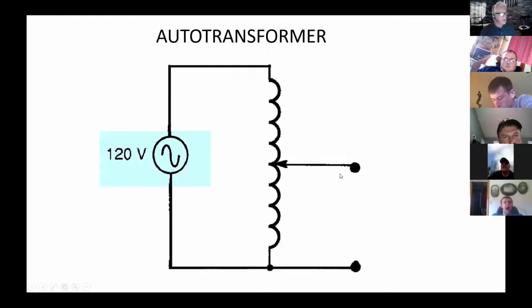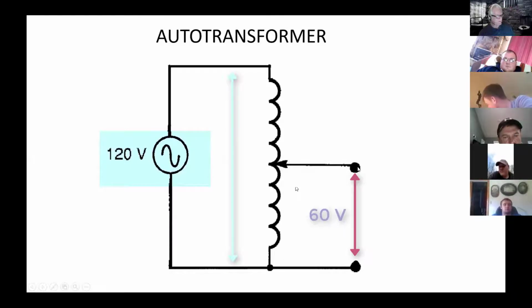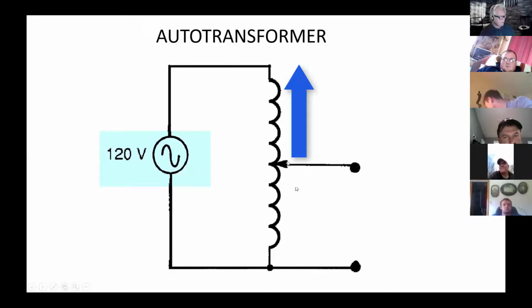Another thing you can do is you can have this tap. So let's say this 120 volts from here to here. This is a secondary. I can tap off of this thing. So like right now, I would be getting 60 volts. And as I raise this up and I'm getting more and more of the winding, it's like changing the length of your secondary winding. You're going to get more and more voltage.